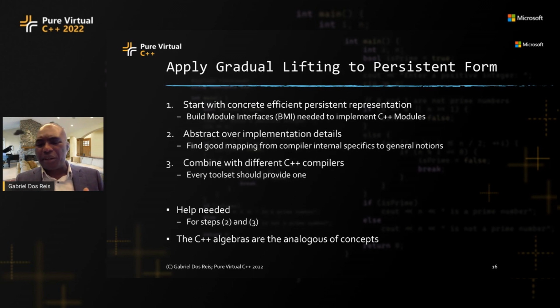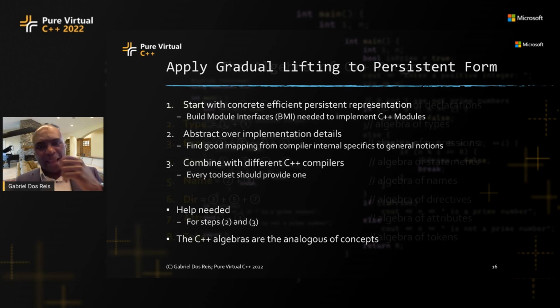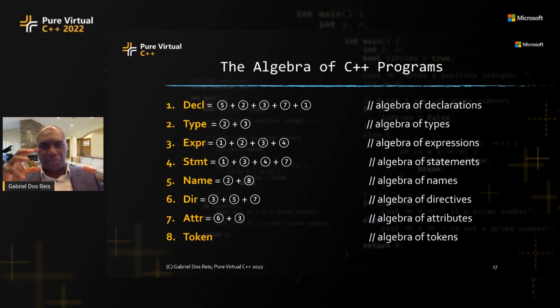And if you're interested in what this C++ algebra looks like, well, it's very much analogous to C++ concepts, which is another big feature in C++20. But essentially, you take a step back and look at how things are structured. For example, a declaration is a specification of a type for a name in a scope with some initializers, right?